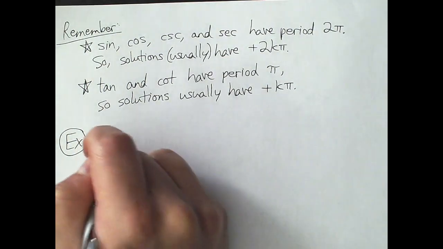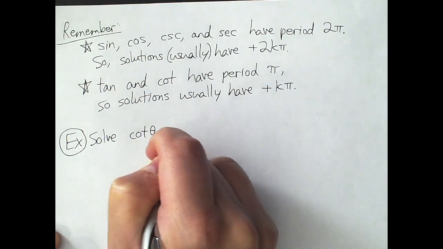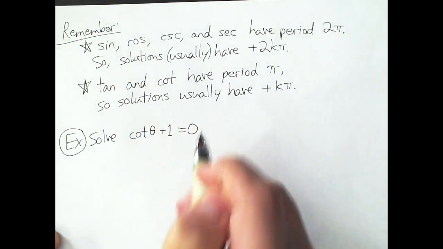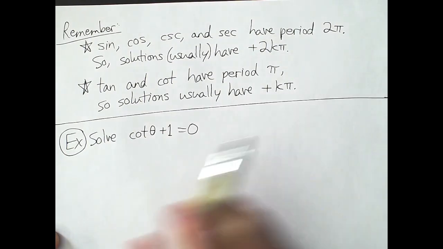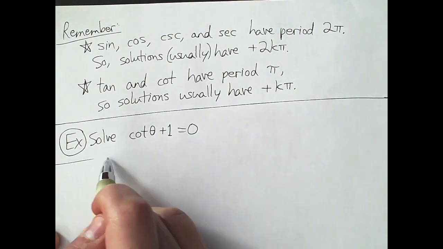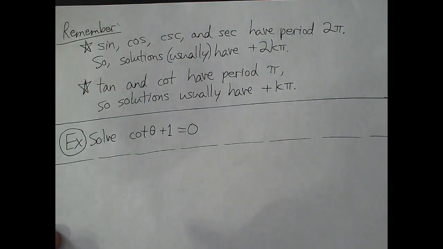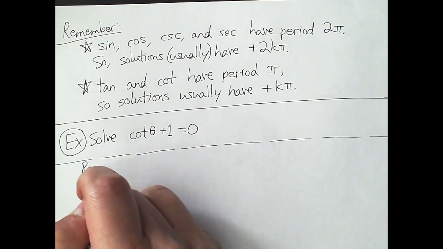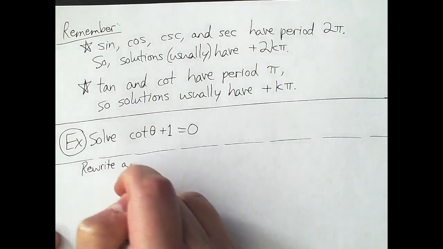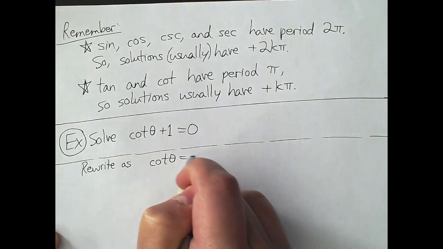Let's say we want to solve cotangent of theta plus 1 equals 0. Cotangent. All right. I think the first thing I would do is rewrite it in the basic form. Subtract 1 from both sides: cotangent of theta equals -1.